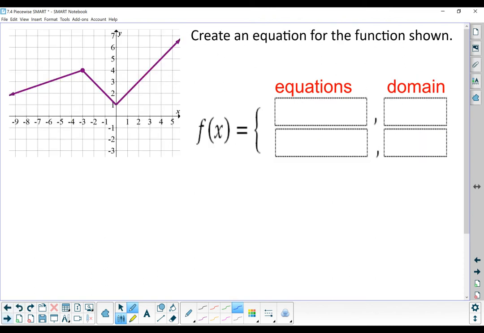All right, last one. We're going to write the equation of this graph. It has 2 pieces. We've got a straight line right here. We could technically write this as 3 pieces, 3 separate lines, but we can write this section as an absolute value if we want. So we've got a line and we've got an absolute value.